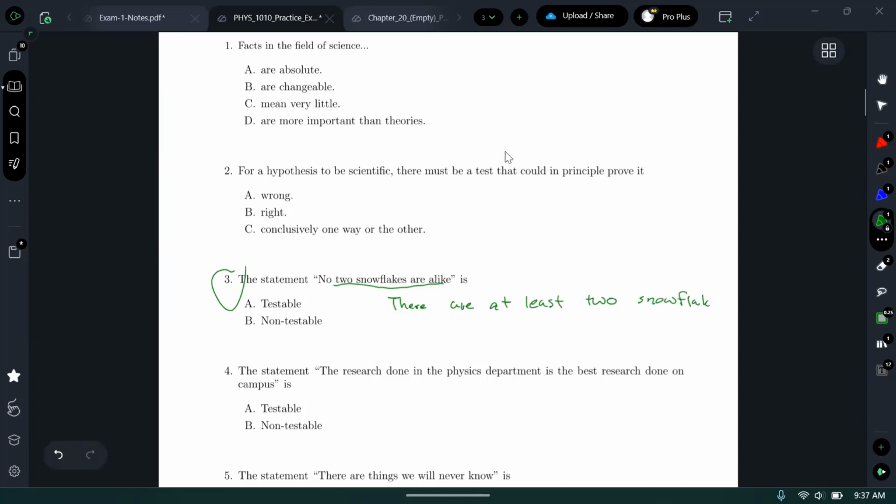It's probably the wording of it too. It's a weird way of saying all snowflakes are different from each other. But how we would disprove that is I find snowflakes that are the same.